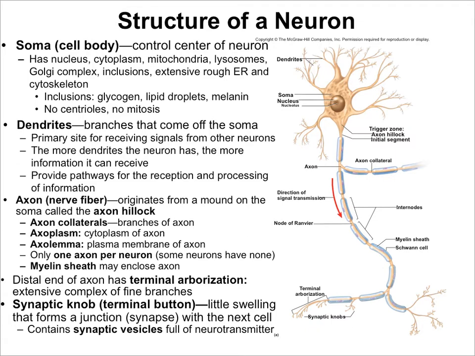At the end of the axon, you reach what's called the terminal arborization. Arbor means tree or forest. So really what this just means is end branching. Terminal means end, arborization means branching. This is the end branching.